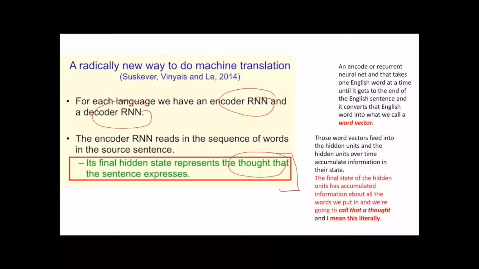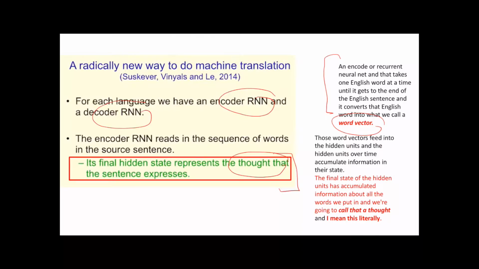We have a recurrent neural network that takes one English word at a time, and it gets to the end of the English sentence and converts each English word into what we call a word vector. The word has acquired all kinds of connotations by being put through this recurrent network, and all these numbers and weights can be expressed in the mathematical form of a vector.